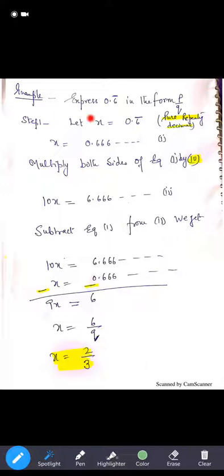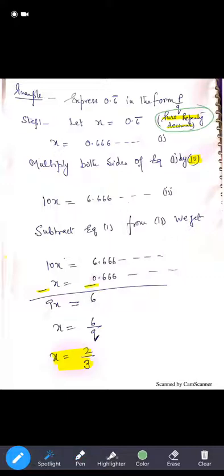Now let's take an example. Express 0.6 bar in the form of p upon q. Let x equal 0.6 bar. Which type of number is this, a pure repeating decimal or a mixed repeating decimal? Here only repeating digits are there, so it is a pure repeating decimal.